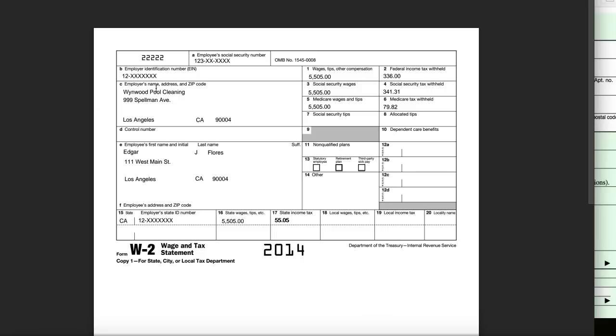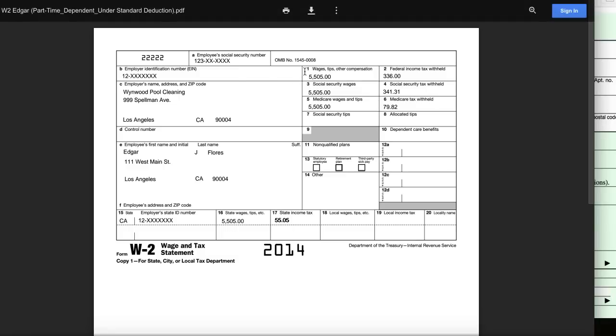Taking a look here, you'll notice that all of the boxes in the W-2 have letters or numbers associated with them. So here we have some letters for the employee's social security number, the employer identification number, the employer's name, address, and zip code, and the employee's name and address information.